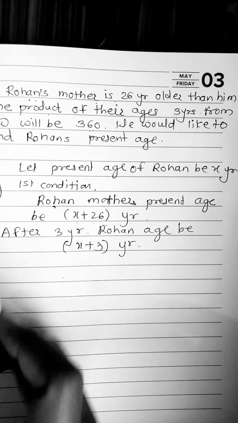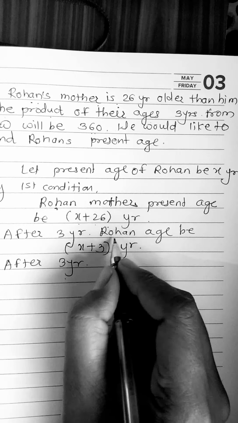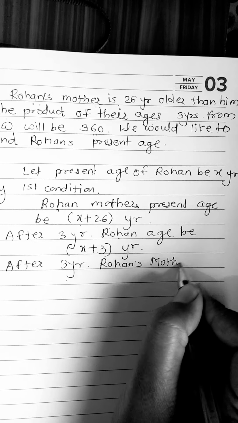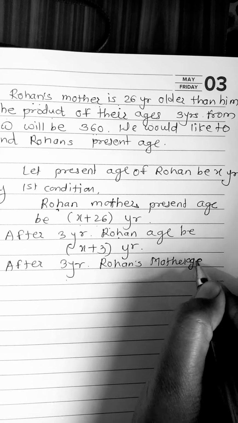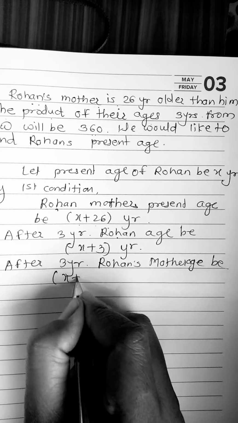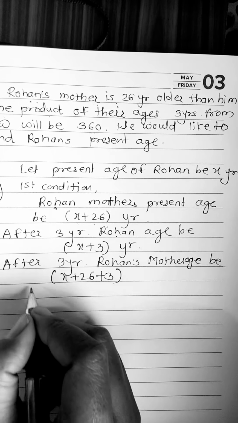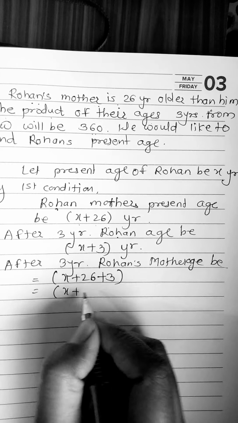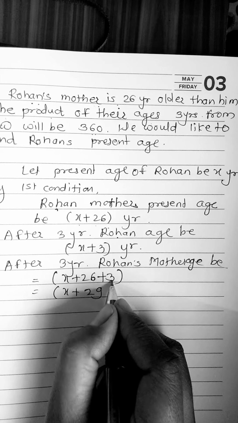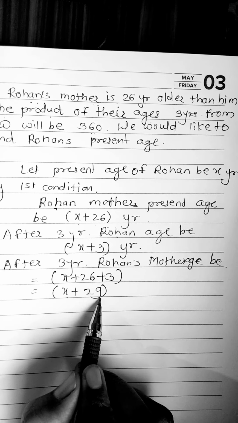And after 3 years, Rohan's mother's age: now Rohan's mother's age is x plus 26, and after 3 years we add 3 here. So 26 plus 3 is 29. So after 3 years Rohan's mother's age will be x plus 29.